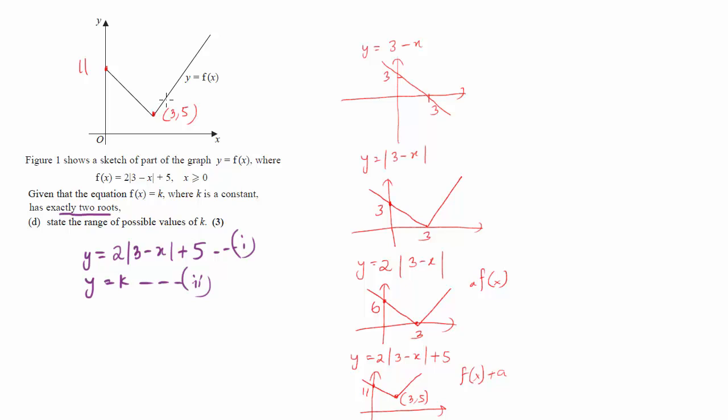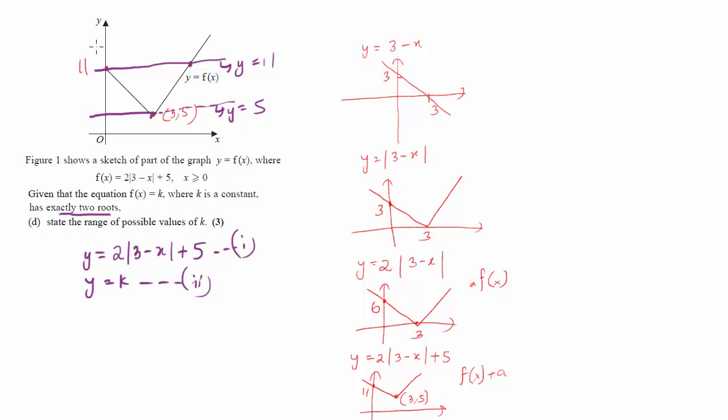Well, first of all, if you think about this line, y equals 5, then it intersects only at one point with the graph. And if you take this point, y equals 11, well, it intersects at 2 points.